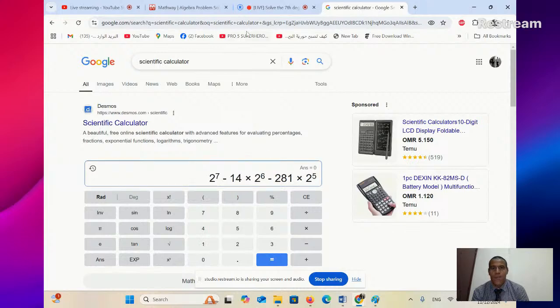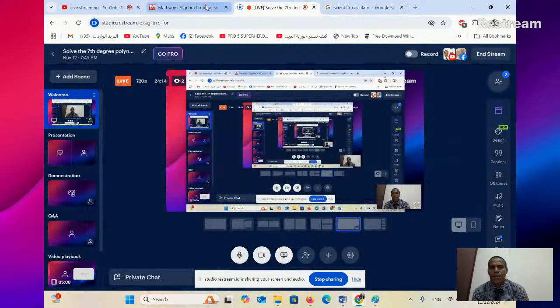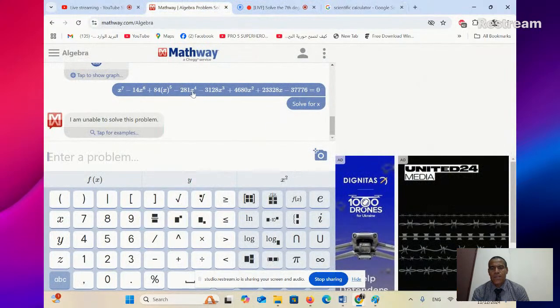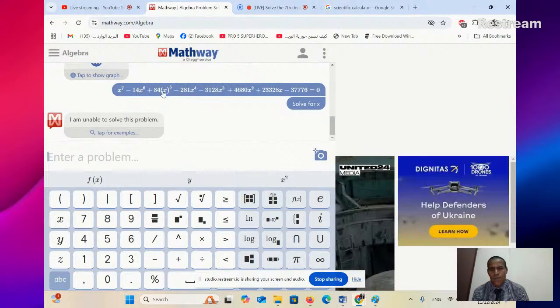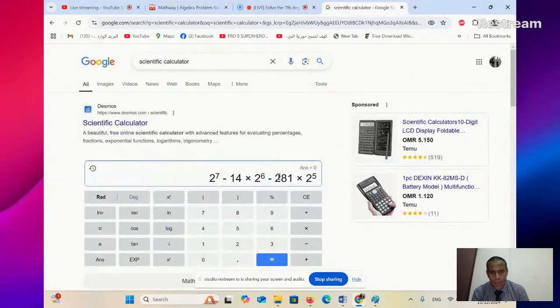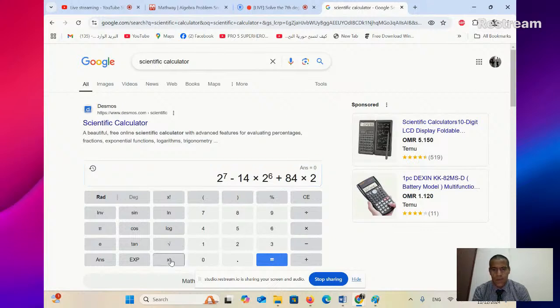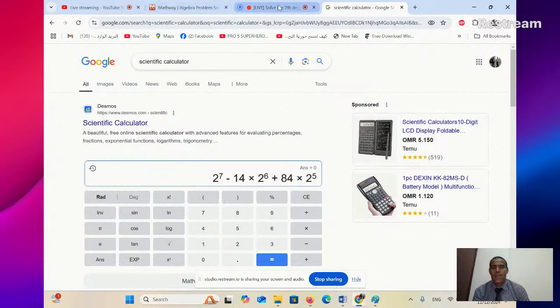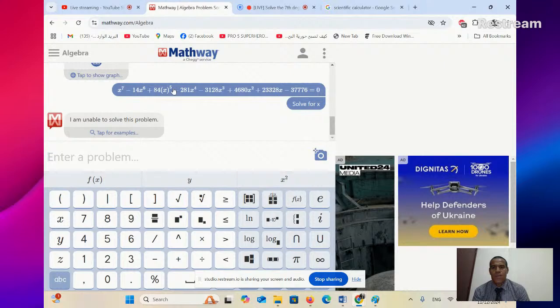Here 84 comes and makes plus 84 times 2 to the power 5. Correct. Okay, let's check here.